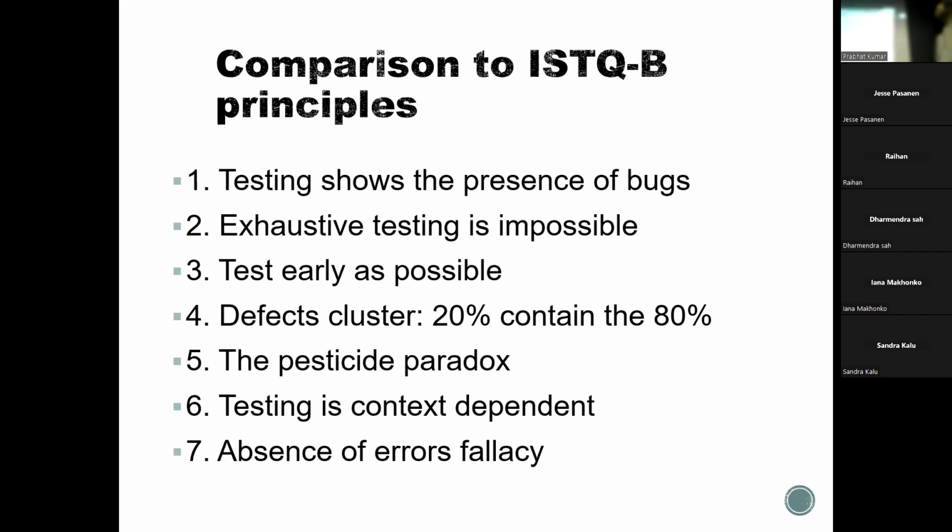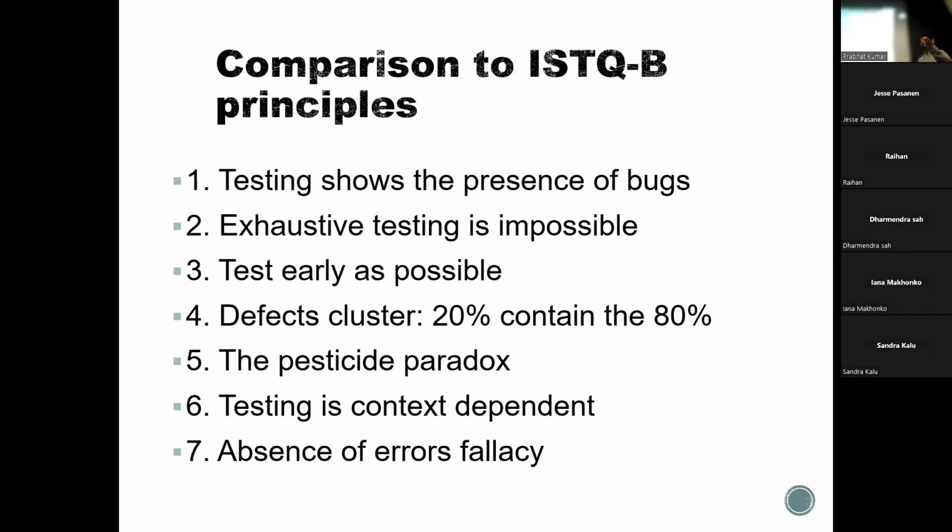Test as early as possible, because once the product is developed, it will be very difficult, in the sense that the cost and the time are going to be high. So testing should start as early as possible. Defect clustering: 20% contains the 80%. This is a very known problem. Most of the defects that you are going to see are assembled in a very small cluster.